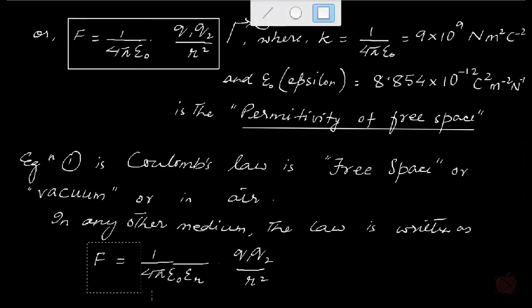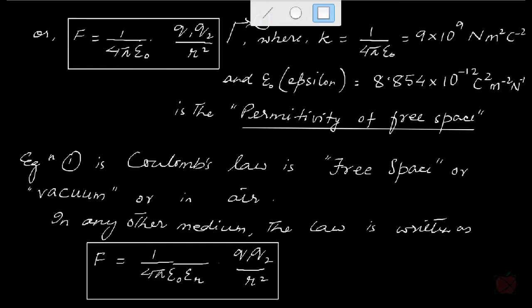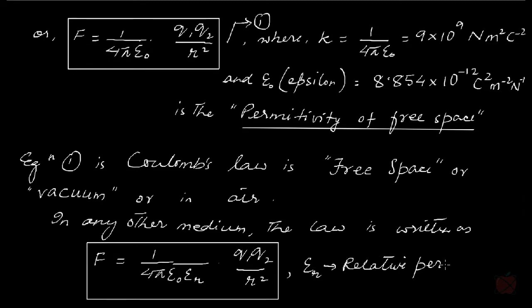What is epsilon r, by the way, here? Where epsilon r is the relative permittivity of the medium.